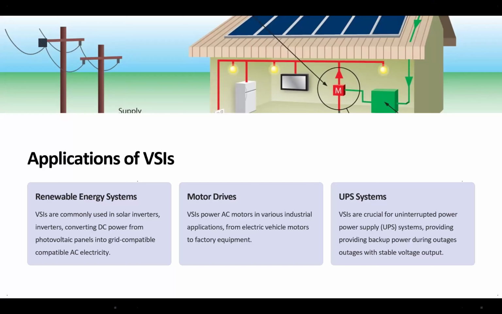Okay. We also could use them in motor drives. One of the other applications of the voltage source inverters is to drive motors. Okay. And this is based on the fact that we could have control over the amplitude of the voltage, which, if you search on how the induction machine works, or how the synchronous machine works, since you have control over frequency and amplitude of the output voltage, meaning you have control over the speed and the torque provided from that motor.